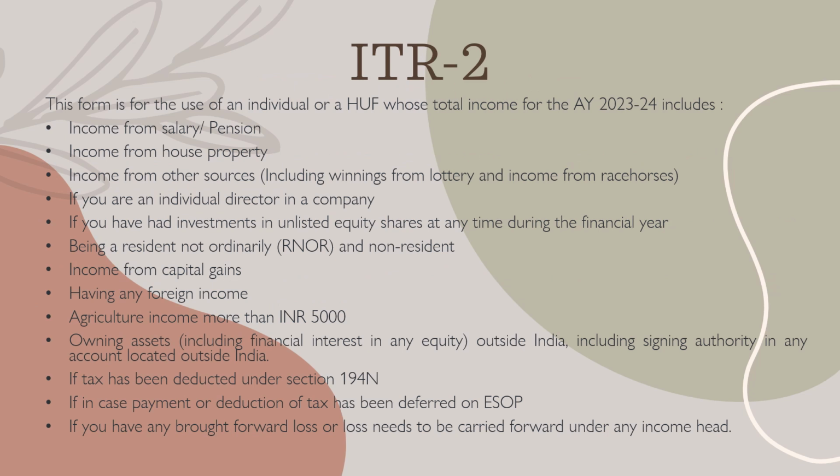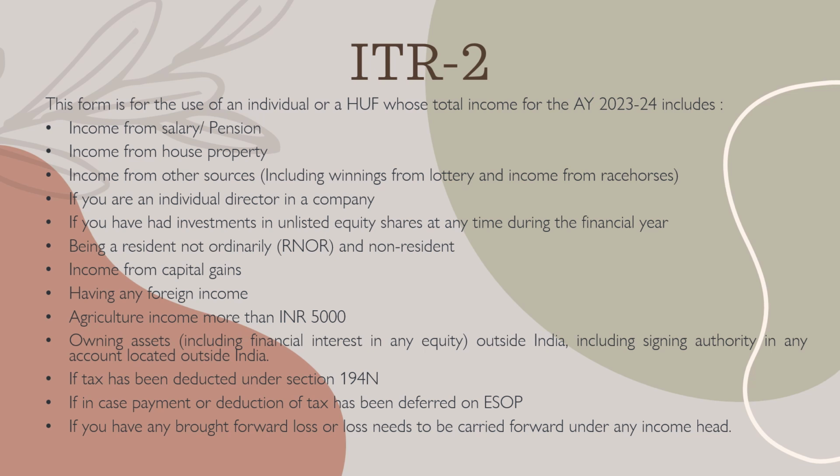Next we have ITR 2, which is for the use of an individual or HUF whose total income can be more than 50 lakhs and includes income from salary, pension, income from house property, income from other sources.